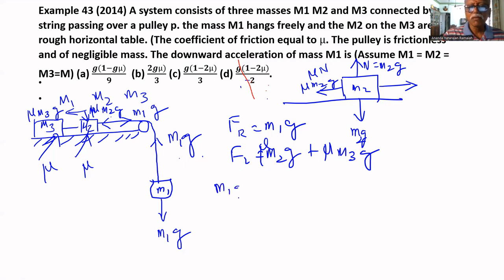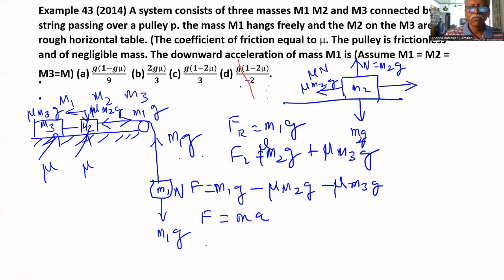So M1G minus mu M2G minus mu M3G is the net force. We know that force equals mass into acceleration. Therefore, MA, let it be the first equation.